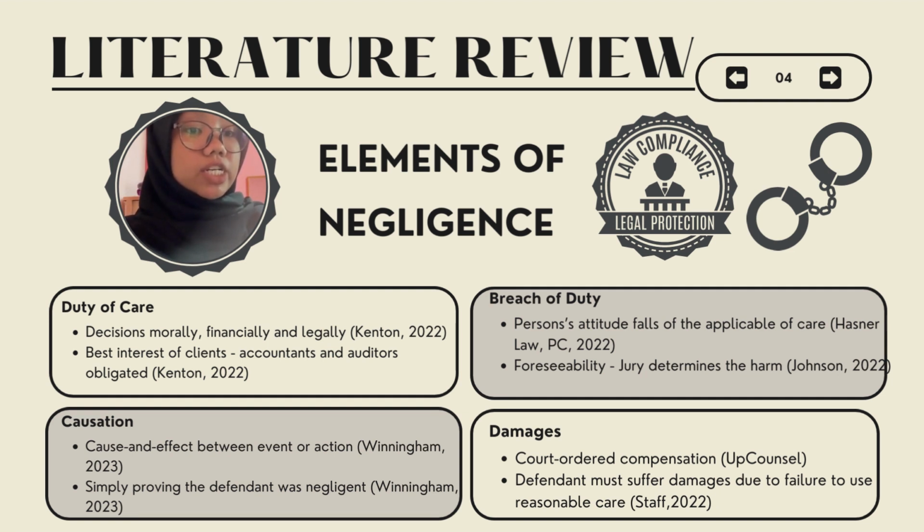Lastly, on damages, according to Art Council, it is the court-ordered compensation for physical injury, property damage, and related expenses caused by another person's negligence. According to Staff, a person to whom the defendant had a duty of care must suffer damages because of the defendant's failure to use reasonable care, and a personal injury claim must be filed in court within the necessary time limit.